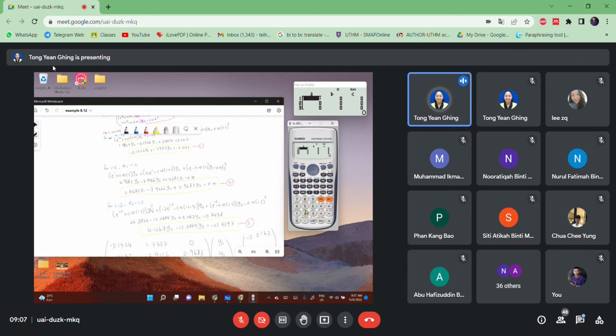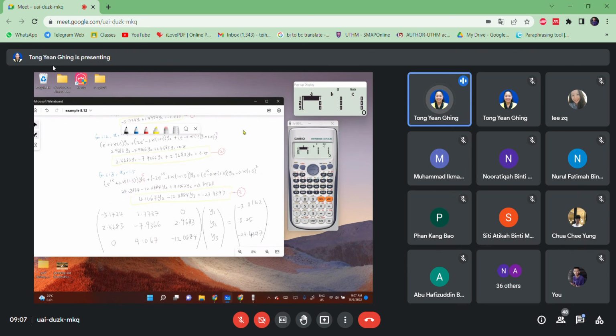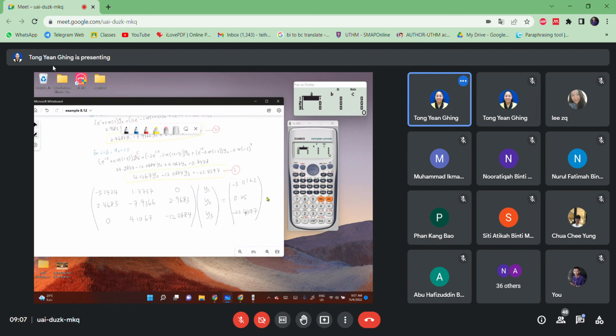So go to unknown, and then key in the formula, matrix form macam ni, negative 5.1724 equal to, so B is here, 1.7737, and then C is 0.